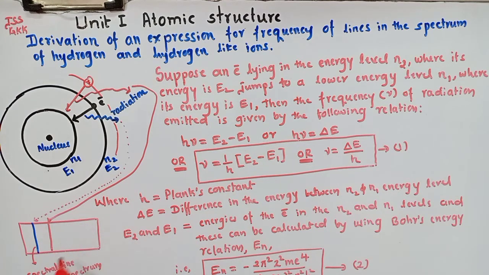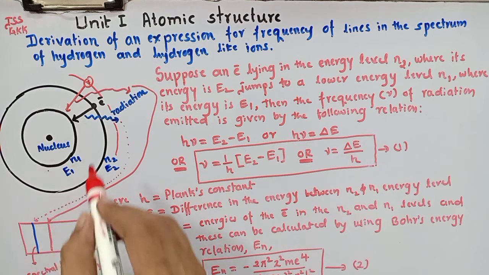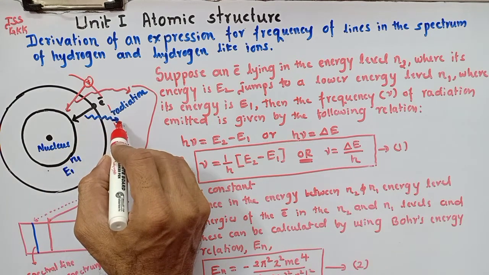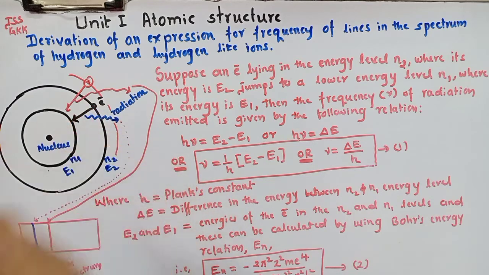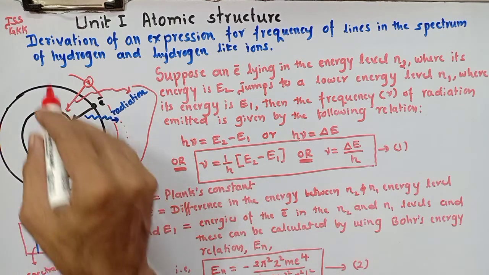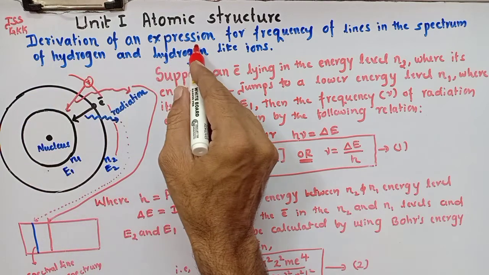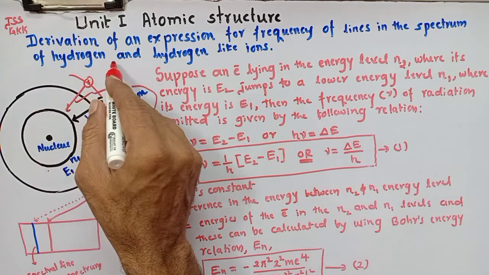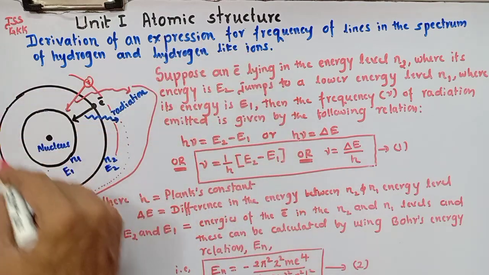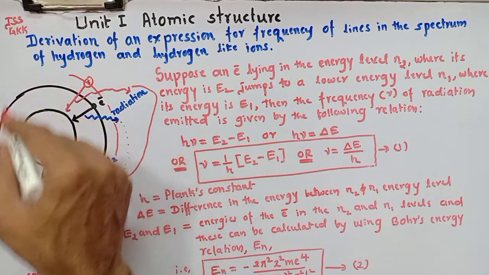Now the question is how to find the frequency of these spectral lines, or the frequency of this emitted radiation, when an electron jumps from a higher energy level to a lower energy level. So today's discussion is the derivation of an expression for frequency of spectral lines in the spectrum of hydrogen and hydrogen-like ions. In this case, we have taken a particular example of a hydrogen atom.